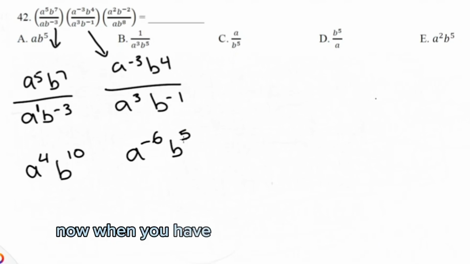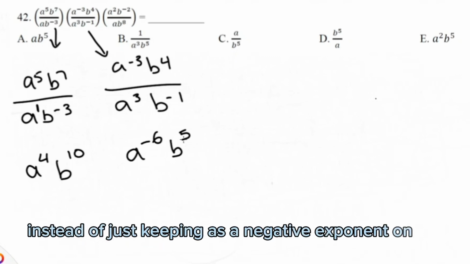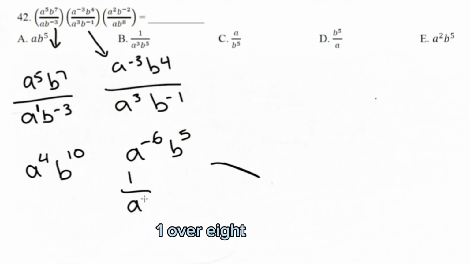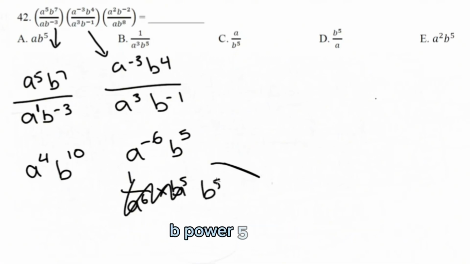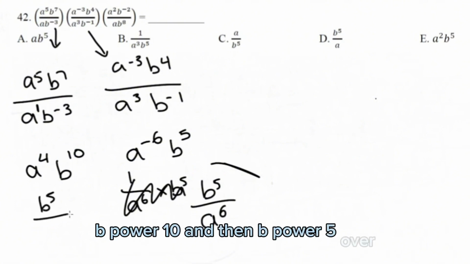Now, when you have a negative exponent, instead of keeping it as a negative exponent on top, we can represent this as 1 over a to the power 6. So that would be 1 over a to the power 6 times b to the power 5, which becomes b to the power 5 over a to the power 6.